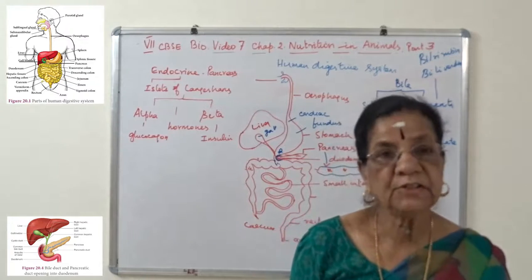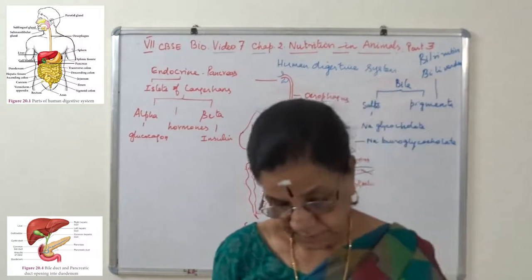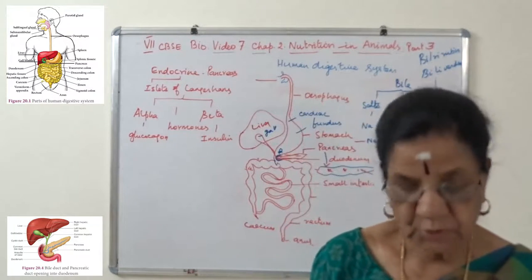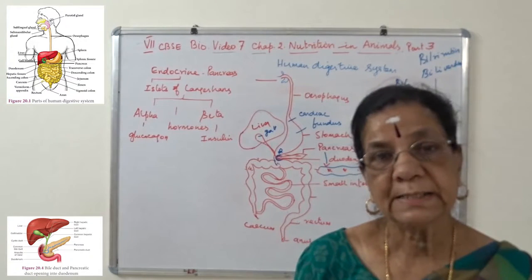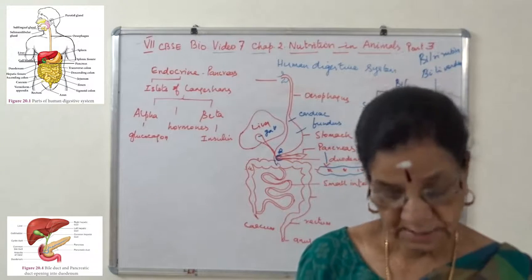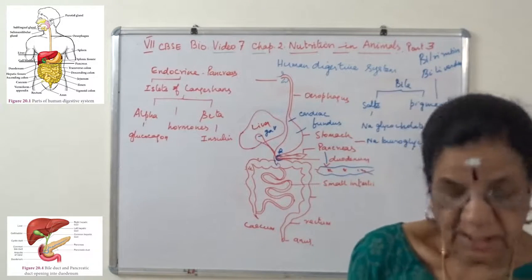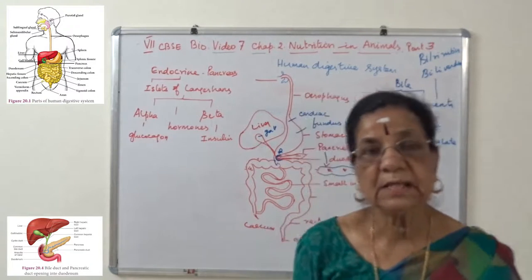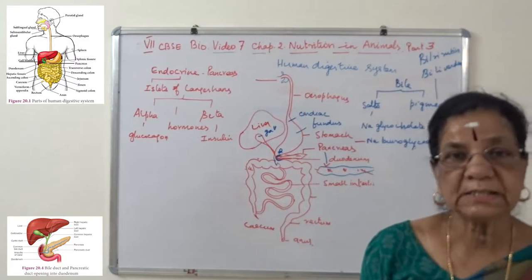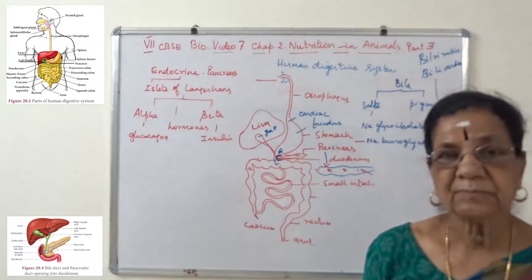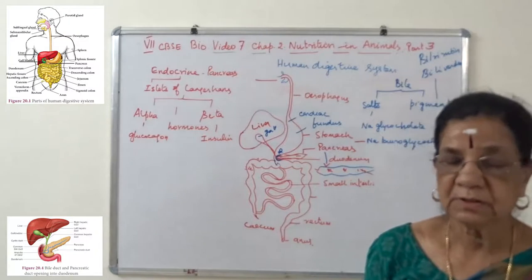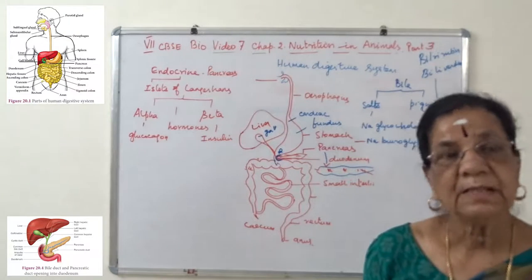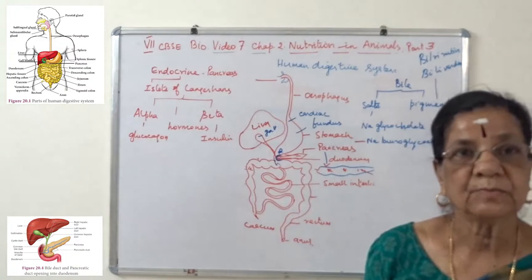It is reddish brown in color, and it is divided into two main lobes, right and left. The right lobe is larger than the left lobe. The liver secretes bile juice, which contains bicarbonate, cholesterol, bile salts and bile pigments.